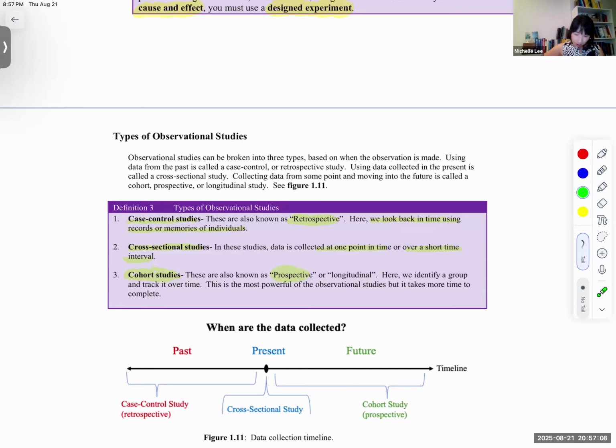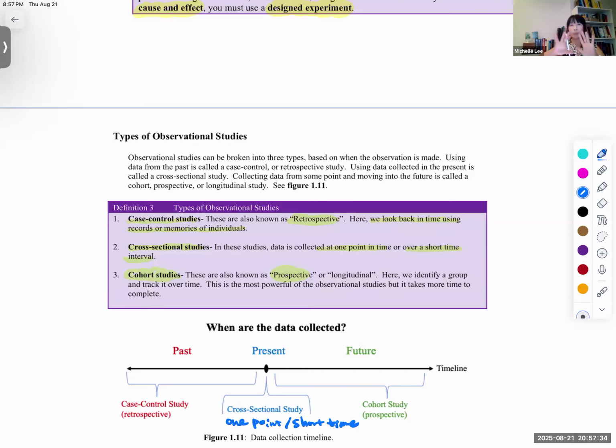And present, cross-sectional study at one point in time or over short time, right? One point or short time.